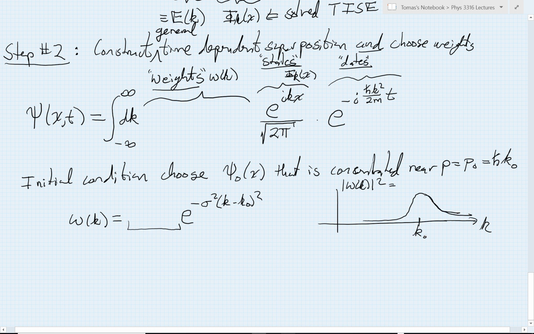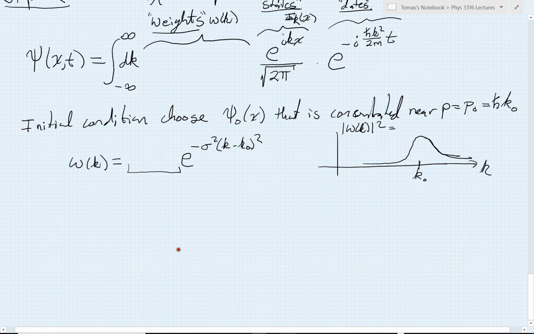So I'm going to make my initial condition have particles that have almost all the same momentum, something near this p naught, h bar k naught.